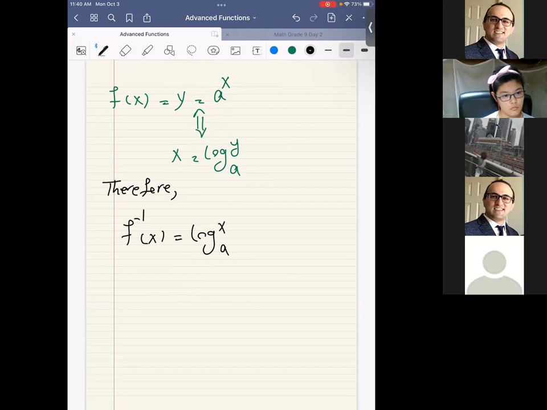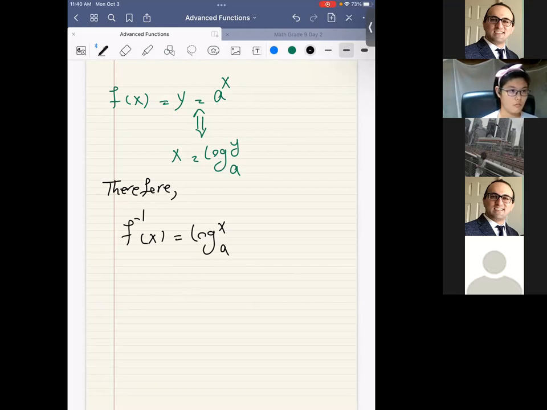So let's look more carefully at what we have done. If you have a function like f of x equal to a to the x, or y equal to a to the x, in order to find the inverse, what you need to do is find x in terms of y, and then you are done. Because if y is equal to a to the x, we know that x equals log y with base a.